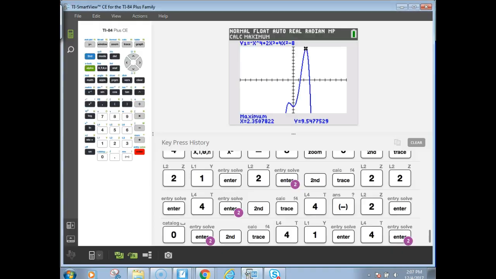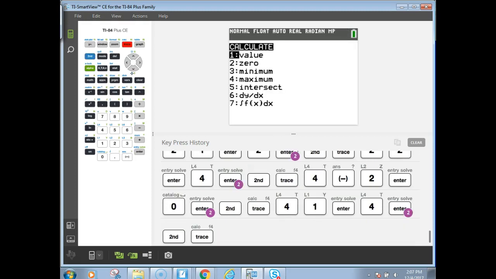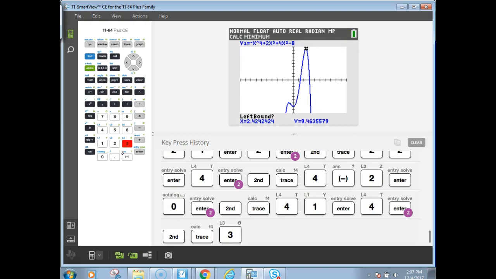Now we're going to go find that min. The min is this one spot. It looks like it's at about 0, 1, 2, 3, 4, 5, 6, 7, 8. 0, negative 8. Let's see if it is. Second trace 3, choice 3. That thing's between negative 1 and 1. And that is the y-intercept, I think. Yep, it was.